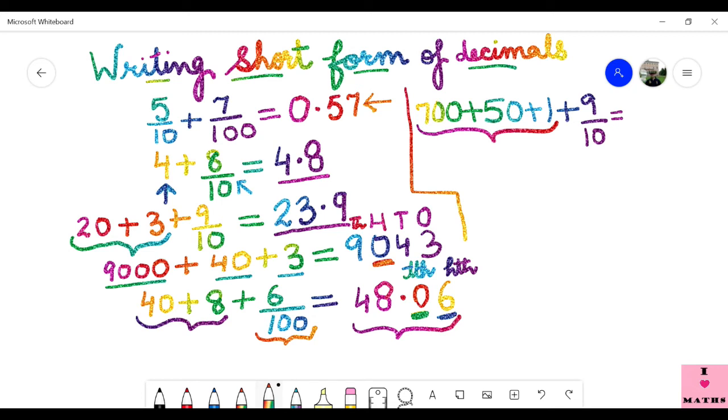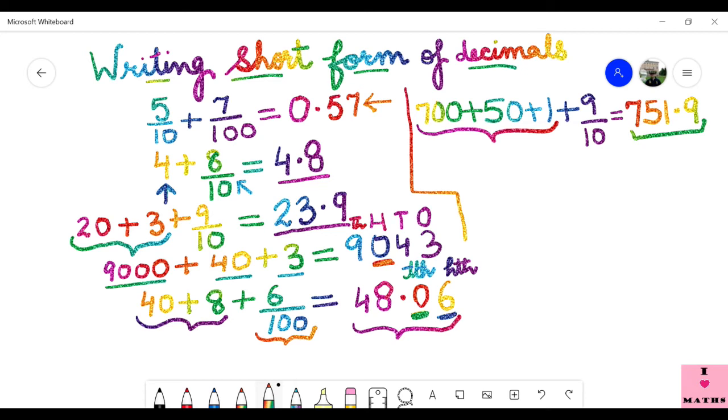So we will have 751 at the left hand side of the decimal, and we will have 9 at the 10th place. So the number would be 751.9.